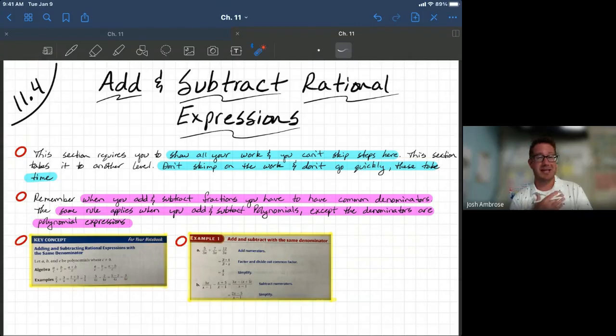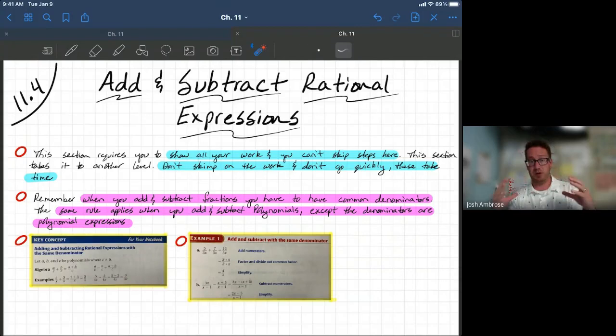You can't just add or subtract 2 fractions that have different denominators. That's always step 1, got to get common denominators, and then you can proceed. The same rule applies, except that these denominators are polynomial expressions. So they're not just one number, or even for that matter, one variable.